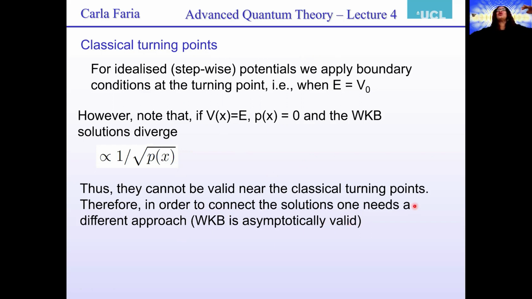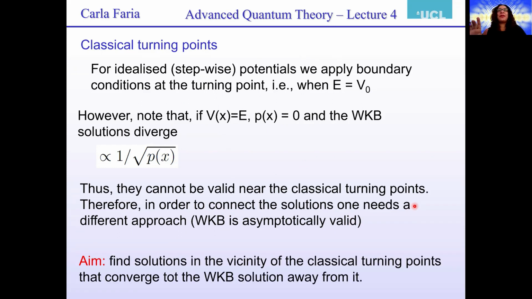It has to tend asymptotically towards the WKB. That's what we're going to aim. So we need to find solutions in the vicinity of these classical turning points that converge to the WKB solution once you move away from it.